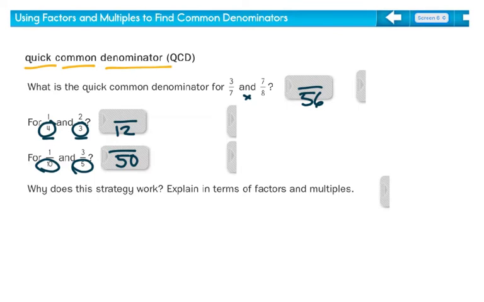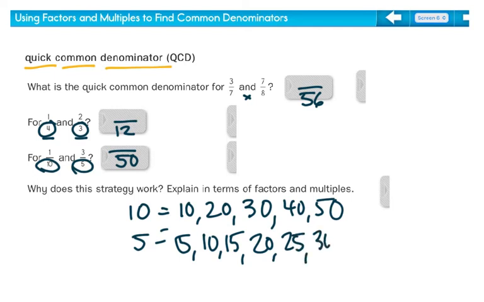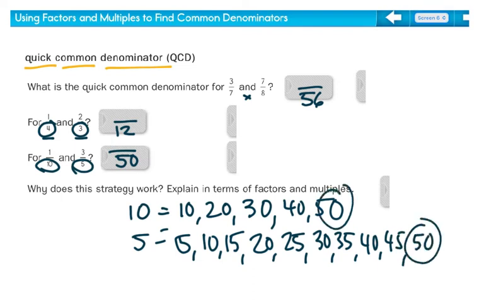So why does this strategy work? If you were to write out the multiples, when you multiply the denominators by each other, the product is going to be found in both lists of multiples. It's not going to be the first number they have in common. Look how many multiples I have to write out to get to 50.